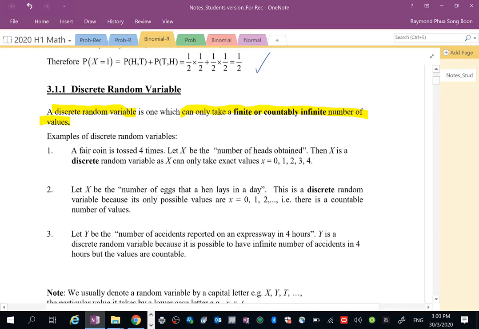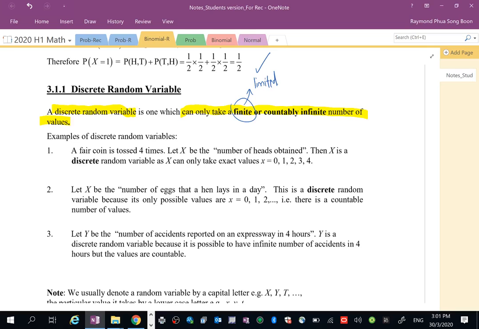What does it mean by these two terms? What does a finite number of values mean? You can think of it as a limited number of values. So a discrete random variable can only take on a limited number of values. That means you can actually count how many values in total the discrete random variable can take on.